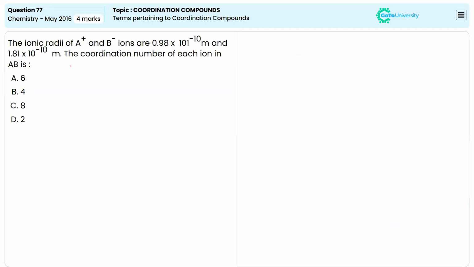Now the next question. The ionic radii of A plus and B minus ions are given here. They are 0.98 times 10 to the power minus 10 meter and 1.81 times 10 to the power minus 10 meter. We have to find out the coordination number of each ion in AB.